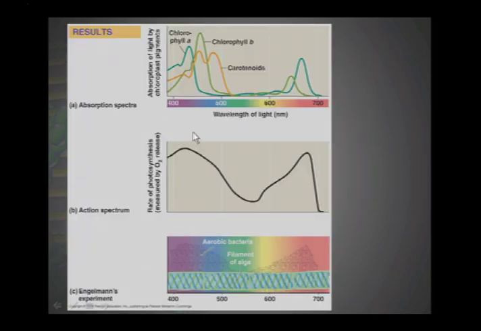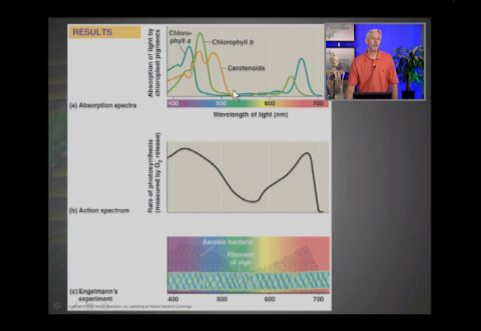The pigments that are involved in the absorption of light are going to absorb mostly in the violet-blue range and also in the red-orange range, as you can see. There's not much absorption in the green and yellow, and that's why when you look at a plant, it's green. That green light's being reflected. Other colors of light are what are being absorbed and driving photosynthesis.